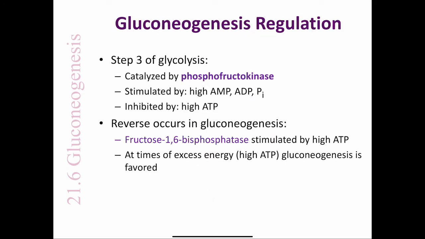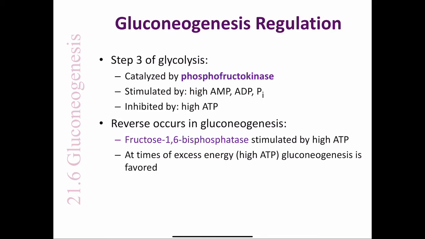If glycolysis and gluconeogenesis were not regulated in some fashion, the two pathways would occur simultaneously with the disastrous effect that nothing would get done. Three convenient sites for this regulation are the 3 bypass reactions. Step 3 of glycolysis is catalyzed by the enzyme phosphofructokinase.